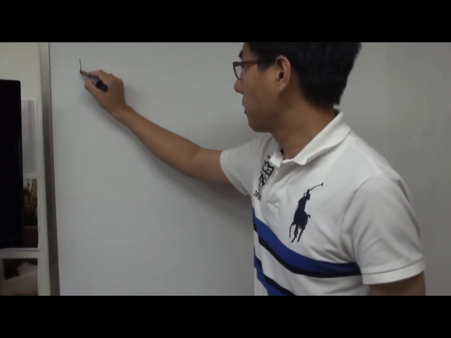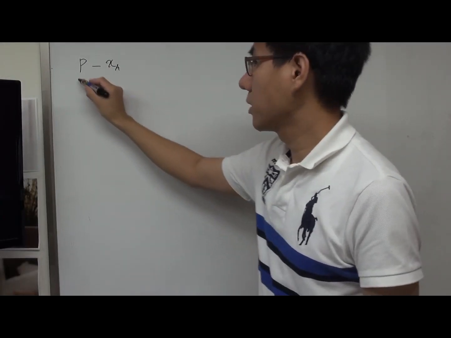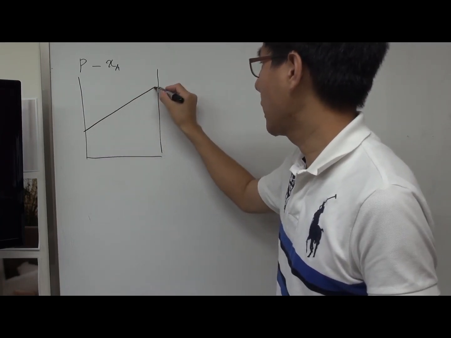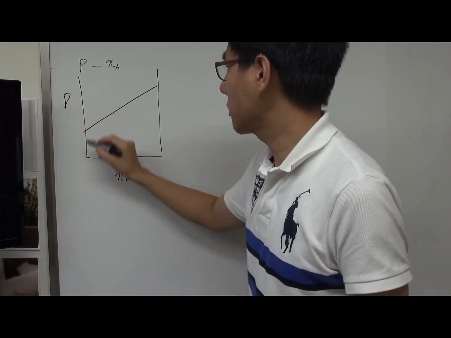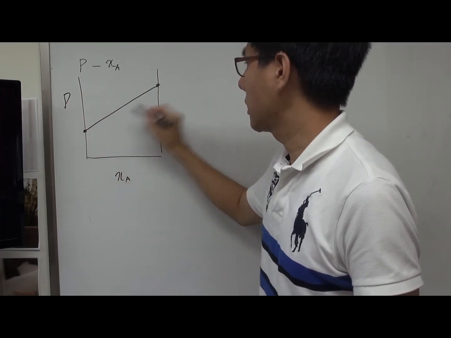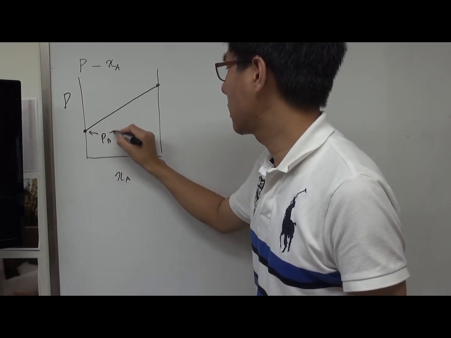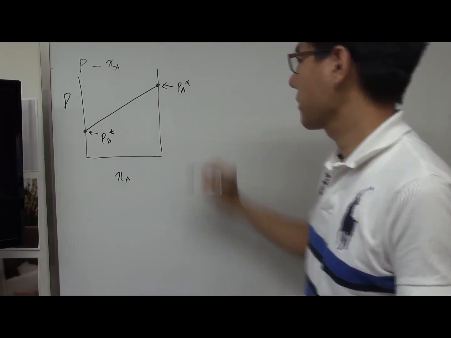So for the pressure composition diagram, it looked like this, right? If A is more volatile than B, total pressure was like this. And the intercept here was PB star, here was PA star.